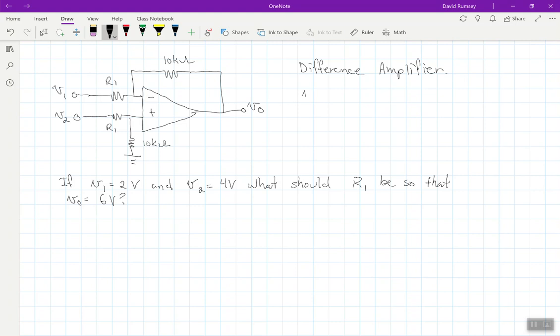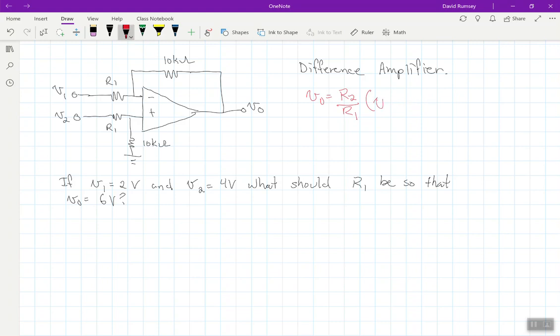And the output equation for this was that Vout, here I've been writing these in red, is R2 over R1 times, and I'm going to emphasize it here, instead of doing V plus, the voltage at the positive terminal, well, I should be careful here.